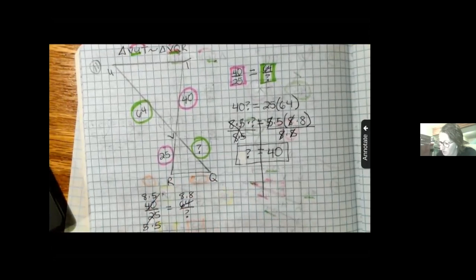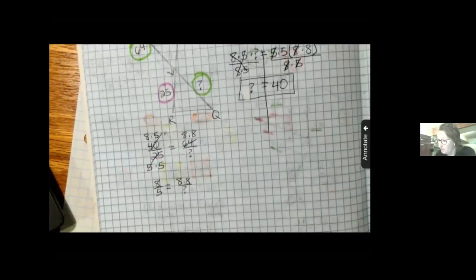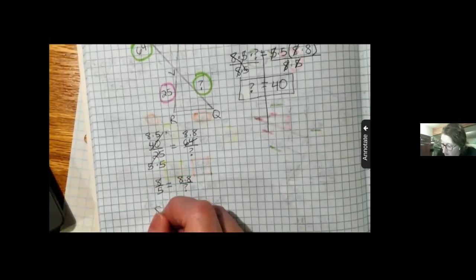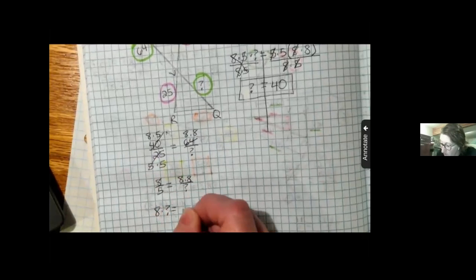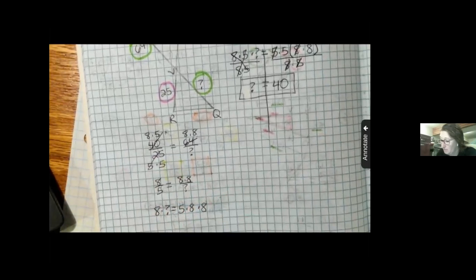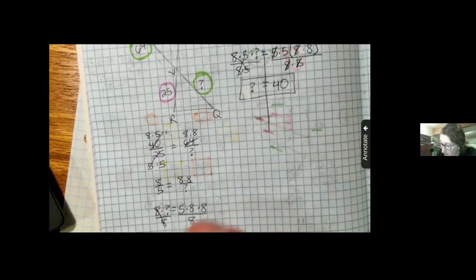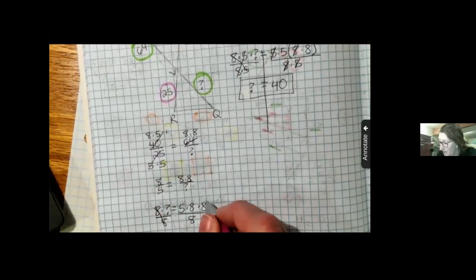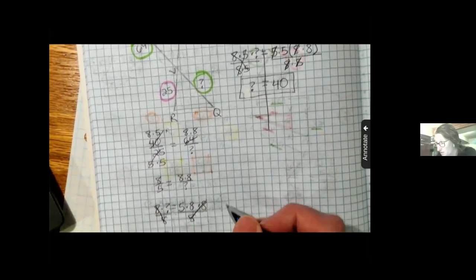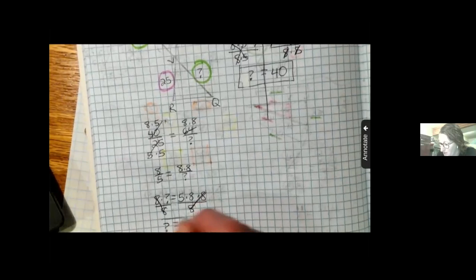Okay, and now cross multiply. 8 times question mark equals 5 times 8 times 8. I'm going to divide by the 8, leaving the question mark by itself. I can only take away one of the 8s, just one. And then 5 times 8 is 40, and I get the same thing.